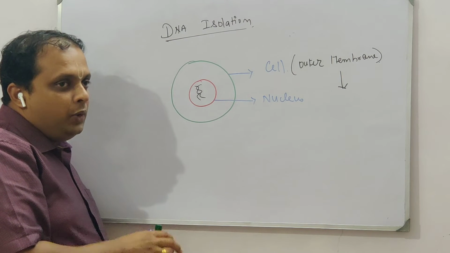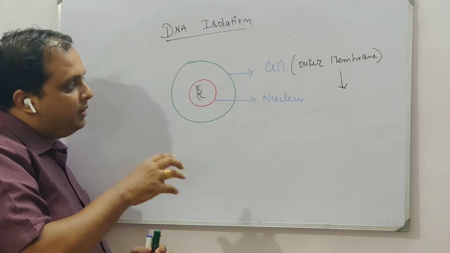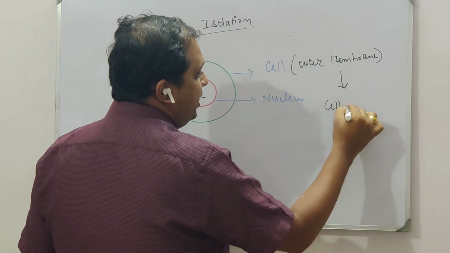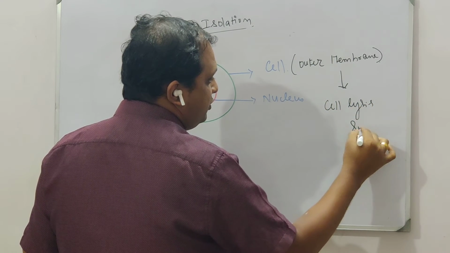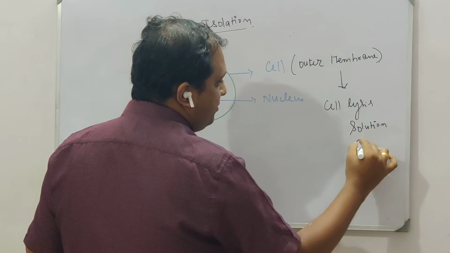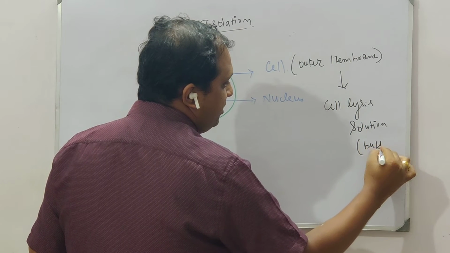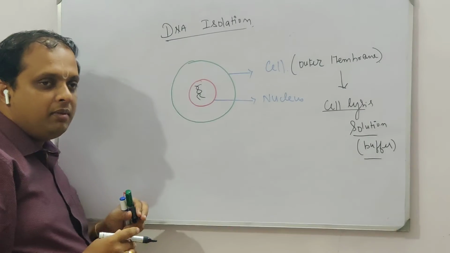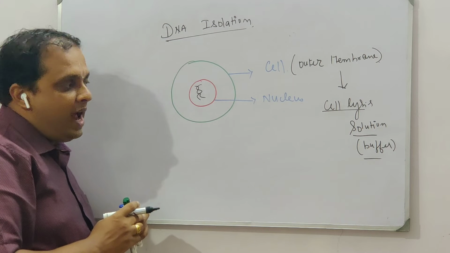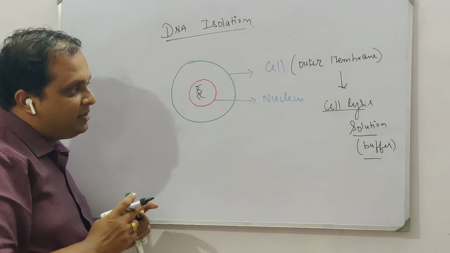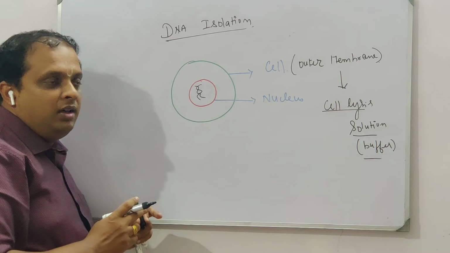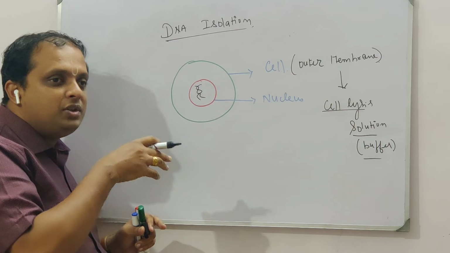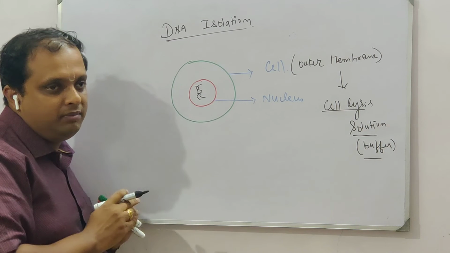Okay, so you have to design something called a cell lysis solution, or sometimes, since it maintains pH, we will also call it a buffer. We are going to make this, and the constituents of this cell lysis solution depend on the cells from which our DNA isolation is being planned.